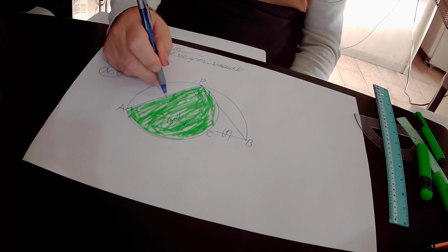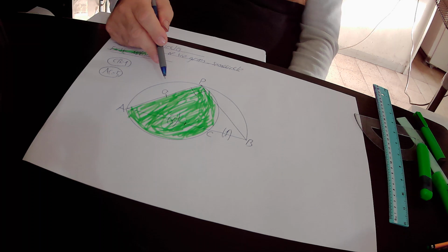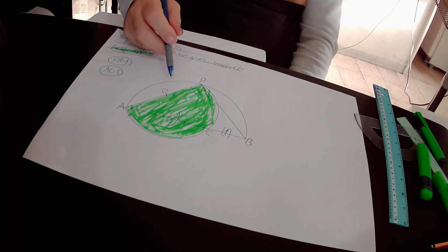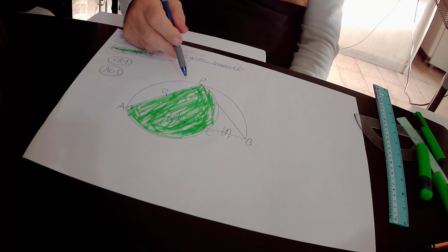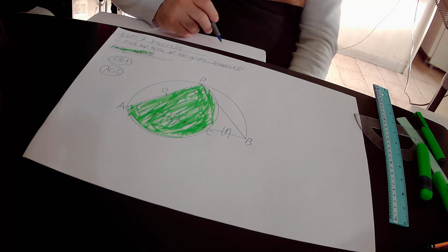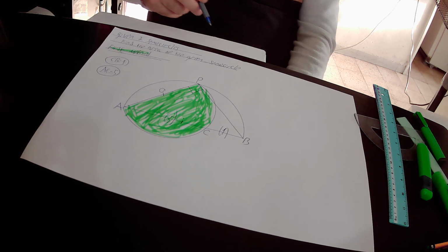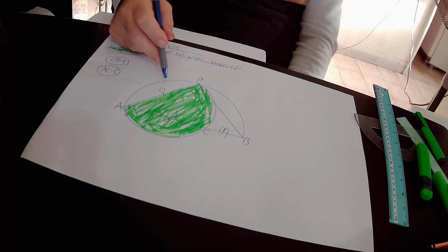So this is point O. Point O is the center of this green semicircle because of the fact that it is located on the diameter PA. It is in the middle of the diameter PA.